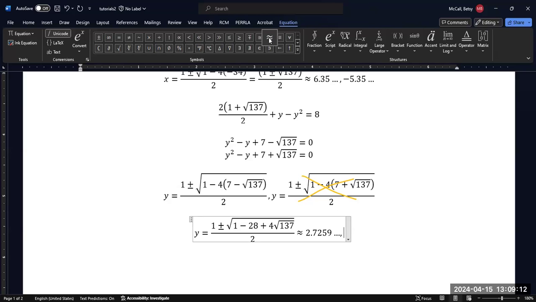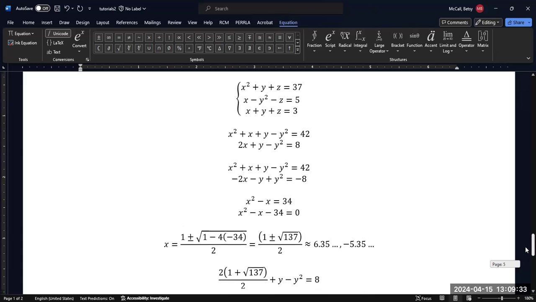And 1 minus that, the square root value divided by 2 is going to give me about negative 1.7259.